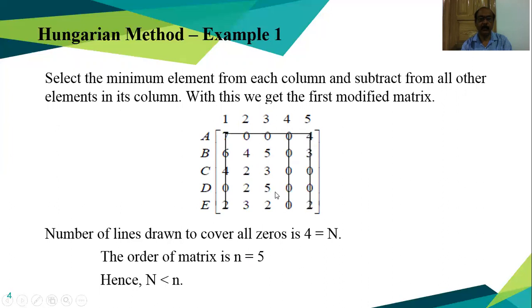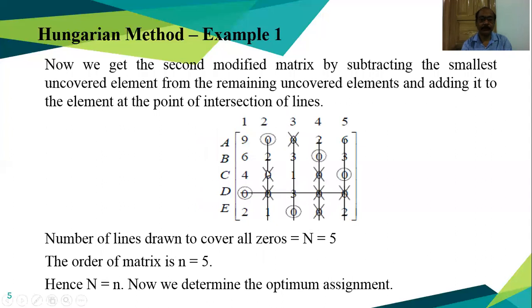That is how to resolve it. Question: when degeneracy occurs in an assignment problem, how to resolve it? Answer: from the uncovered elements, find the least element, subtract it from each and every uncovered element, and add that least element to the intersection of horizontal and vertical lines. That is our answer of how to resolve degeneracy.